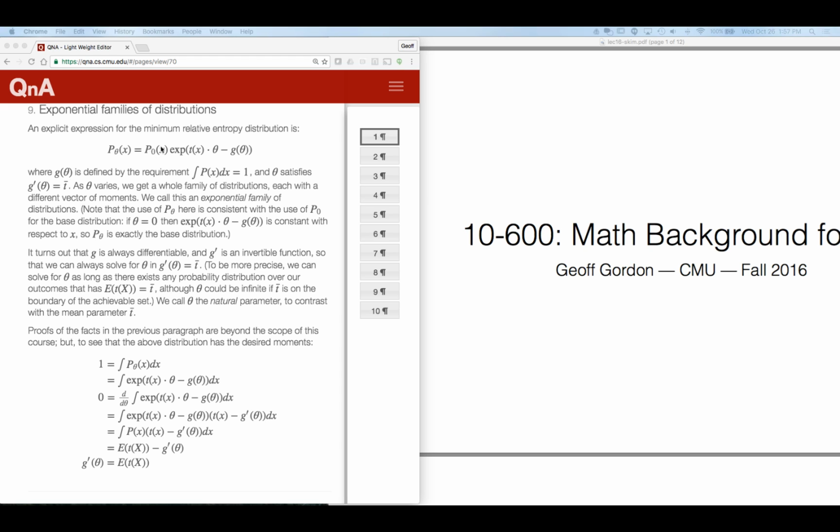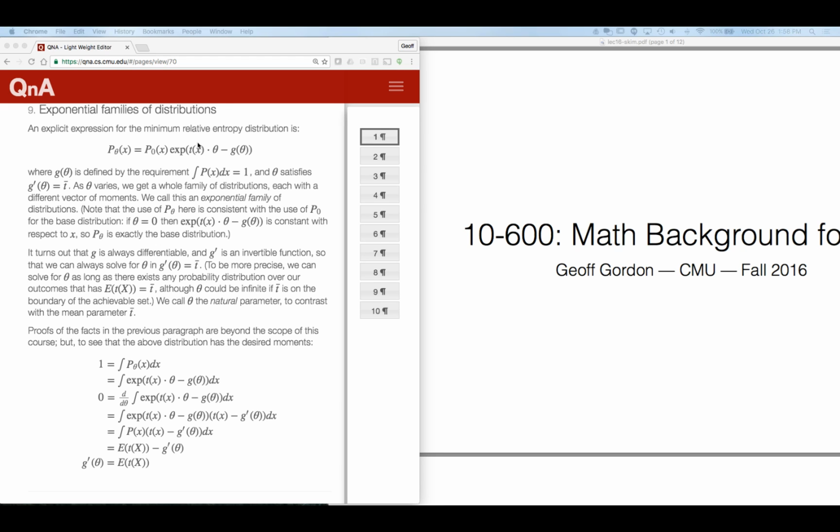It's got P0, that's our base distribution. Think of it as uniform if you want to make things simple, but you could also say, for example, that our base distribution could favor small integers, or it could favor states close to Pennsylvania, or something like that.